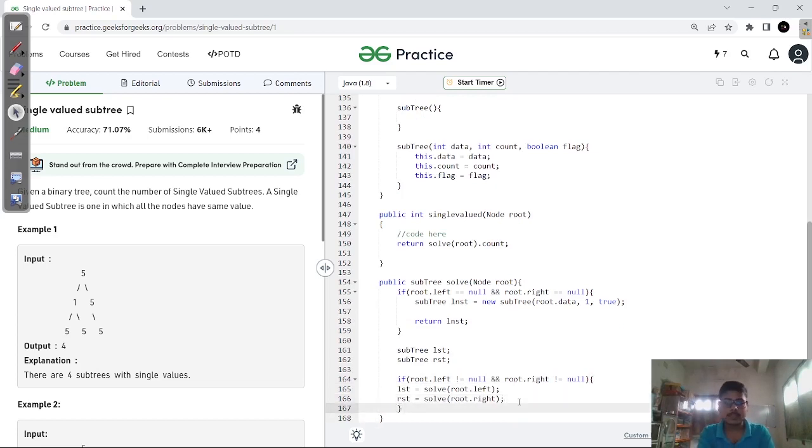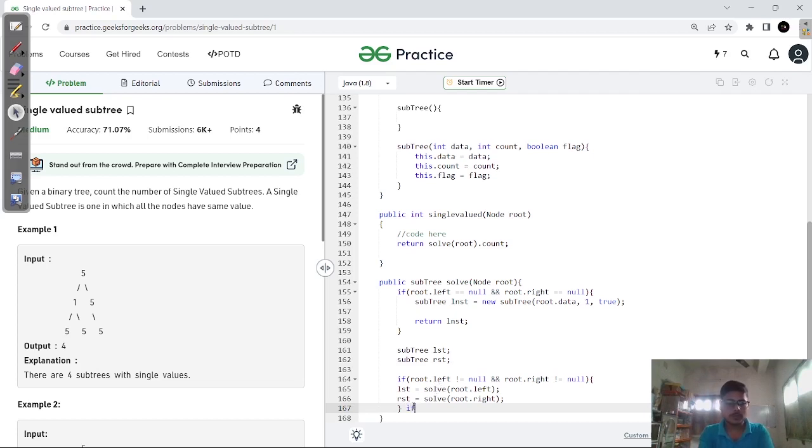So I will call these two functions when this happens. It may happen that the root's left is non-null and the right is null, or the other way around. Suppose in this case, 5's left one is null and the right is non-null. So this is the case where I am calling two functions, for left and right, when both nodes are non-null.